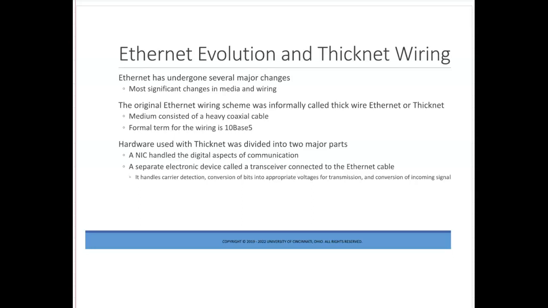Hardware used with ThickNet was divided into two major parts. A NIC handled the digital aspects of the communication, and a separate electronic device called a transceiver connected to the Ethernet cable. The transceiver handles carrier detection, conversion of bits into appropriate voltages for transmission, and the conversion of incoming signals to bits.